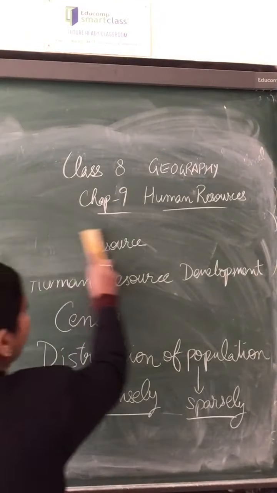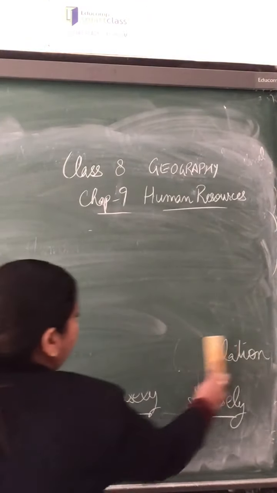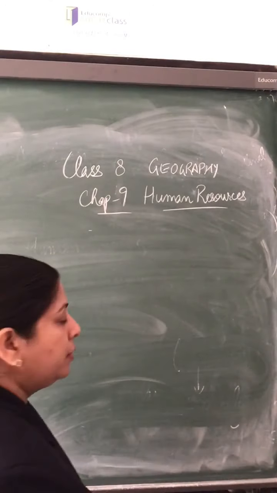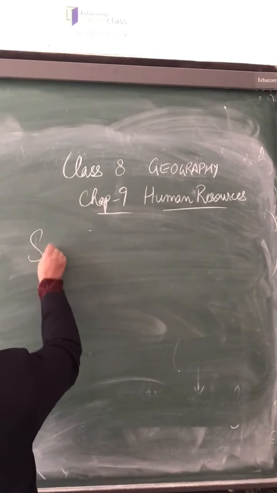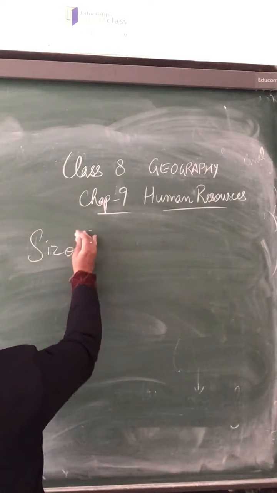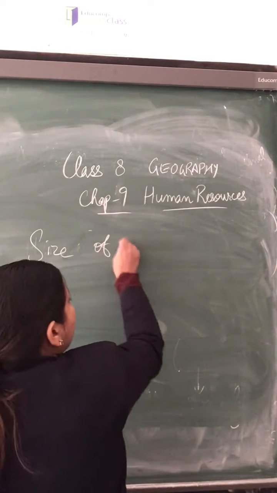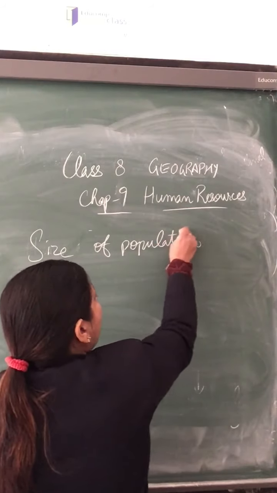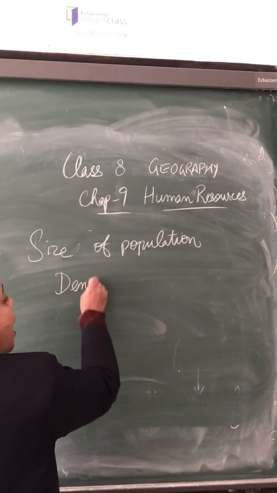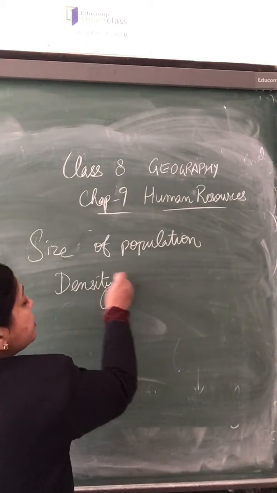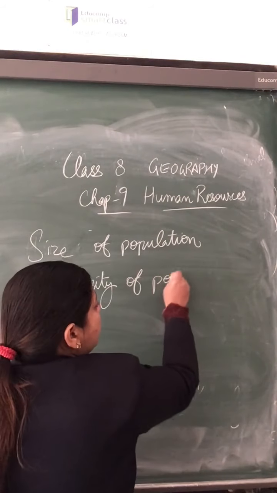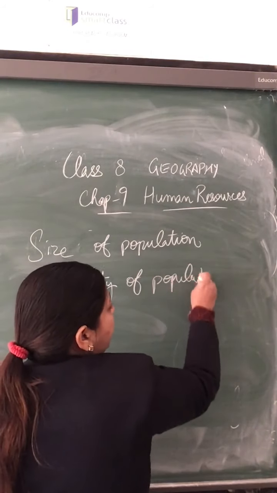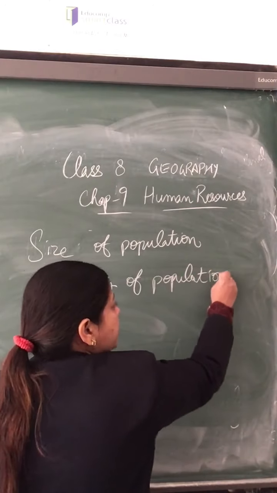Now, let us go to the next topic, that is the density of population and size of population. Size of population and density of population are actually related terms. Now, a question would be there, how are they related?